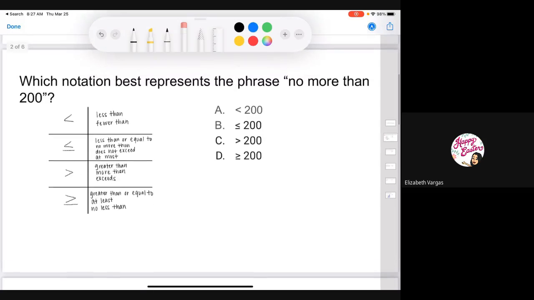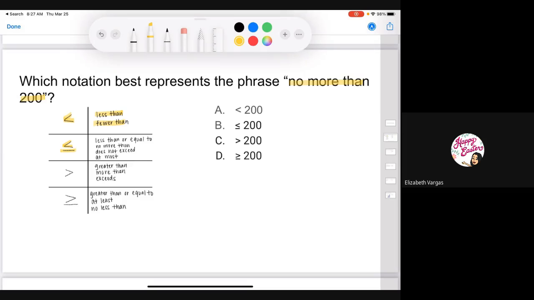So here's the first question we might encounter. This one says, which notation best represents the phrase no more than 200? Well, the easiest way to answer this problem is actually to use this chart that you see here. This chart represents a lot of the different types of terms that you'll get whenever it comes to using these inequalities. For example, we might use this symbol to represent less than or fewer than.